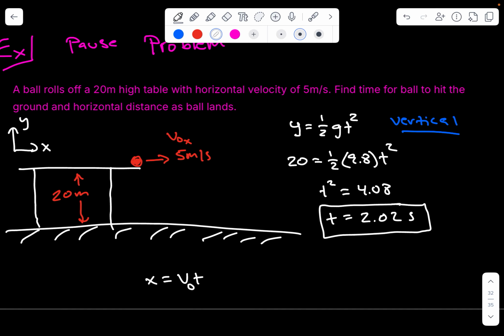X is the horizontal distance, so I'm going to write this as the horizontal. So now plugging everything in, we have 5 times 2.02. Our horizontal distance is roughly 10.1 meters.